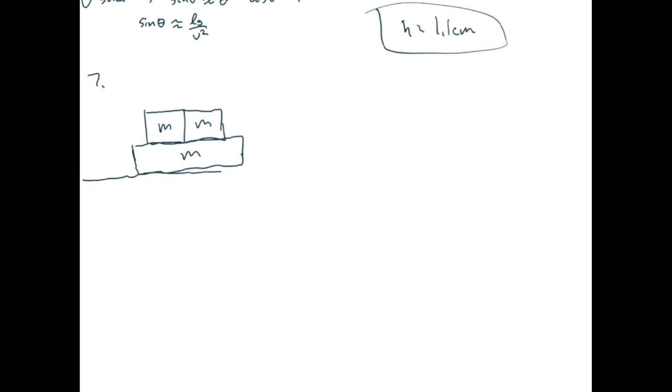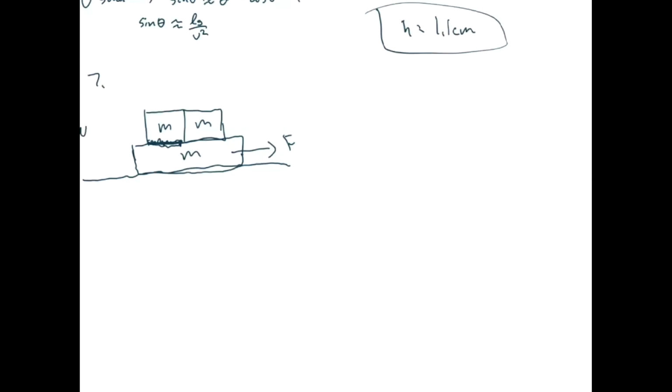And they're sliding on a frictionless surface. And the bottom box is being pulled with a force F. And there's only one surface with friction, which is this surface between the leftmost block and the bottommost block. So this surface has friction.